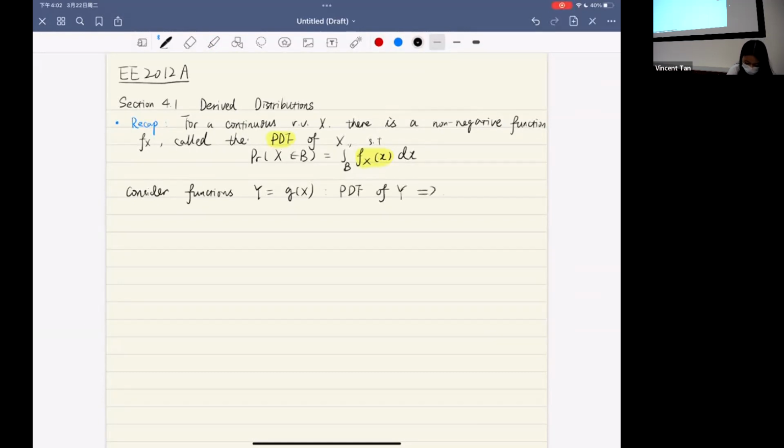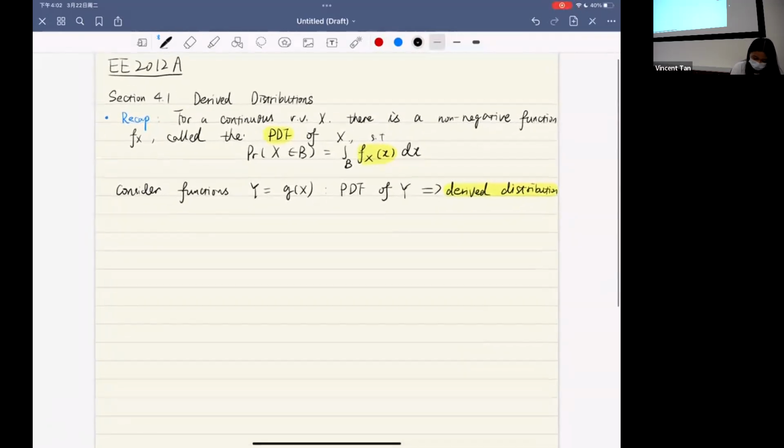This is also called the derived distribution. So the derived distribution is actually the PDF of Y, where Y is a function of X. So how can we obtain the PDF of Y here?